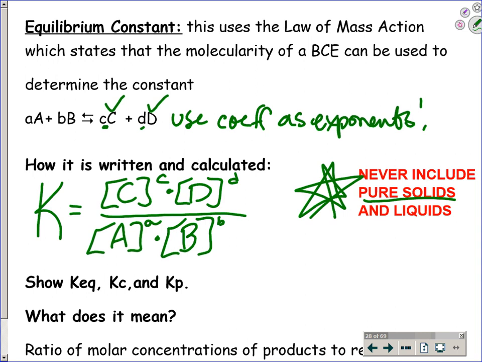Guys, how would I tell you something's a solid? By the little s. Okay, I would literally put a little s next to it to say, this is a solid, don't use it in the expression. Whereas this is the expression, of course. How would I know if something's a pure liquid? A little l. Okay, I'm not making secrets here. I'm not trying to make it a mystery. It's going to be blatantly obvious if it's a solid or liquid.